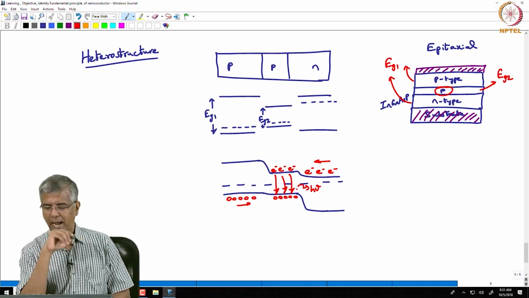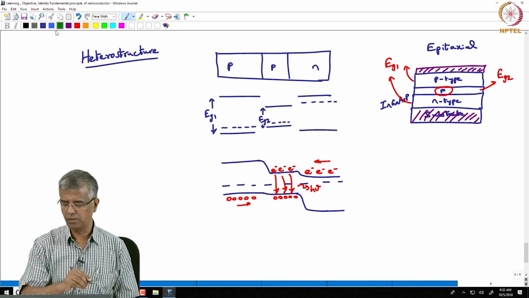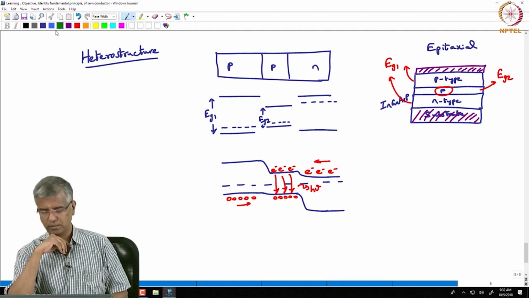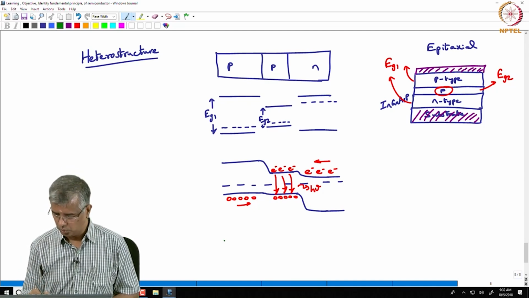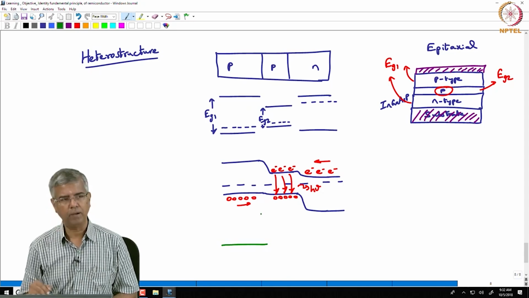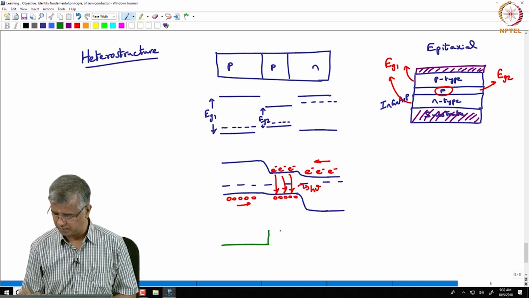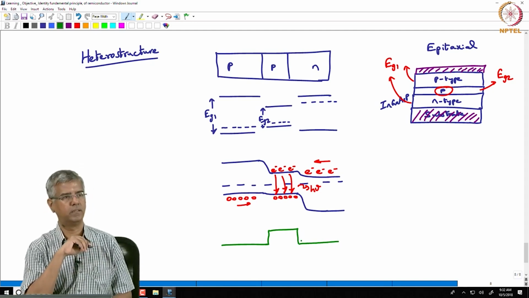Okay. An added advantage of this structure is that when you look at the refractive index across the structure, what you find is that typically when you have lower band gap, the refractive index of that region is actually higher compared to the other material.